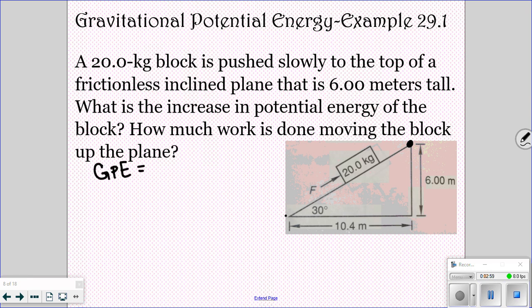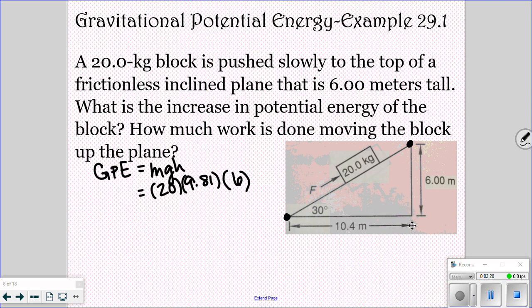So when it's on the floor, it has zero potential energy because it's on the floor. So the increase is just going to be whatever we get when we're up here. So it's mass times gravity times height. So our mass is 20, gravity is 9.81, and our height is 6.